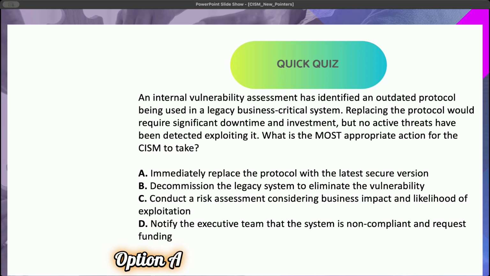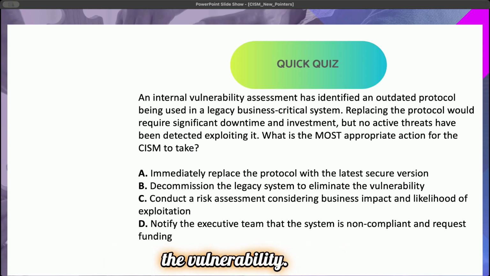Option A, immediately replace the protocol with the latest secure version. Option B, decommission the legacy system to eliminate the vulnerability. Option C, conduct a risk assessment considering business impact and likelihood of exploitation. Option D, notify the executive team that the system is not compliant and request funding.